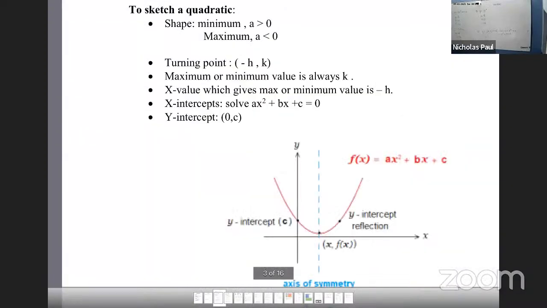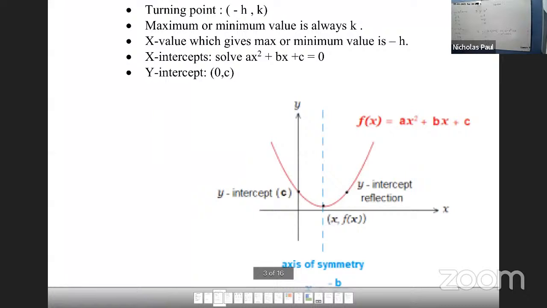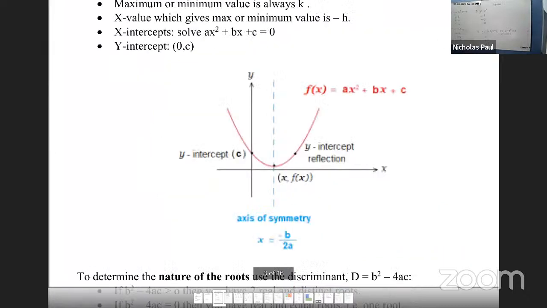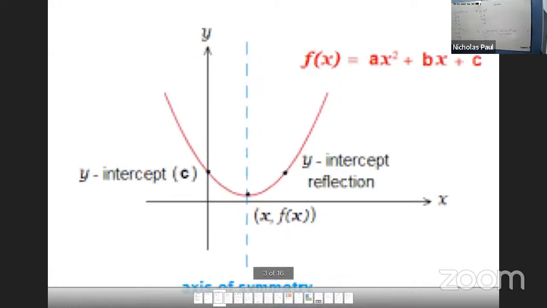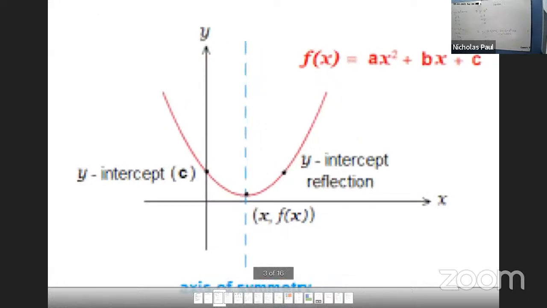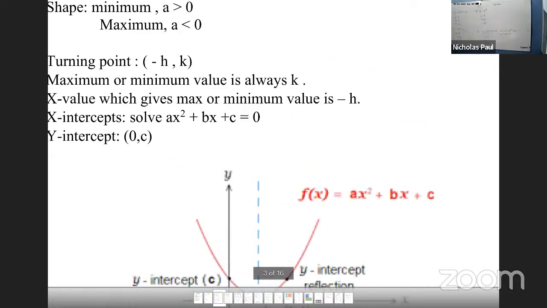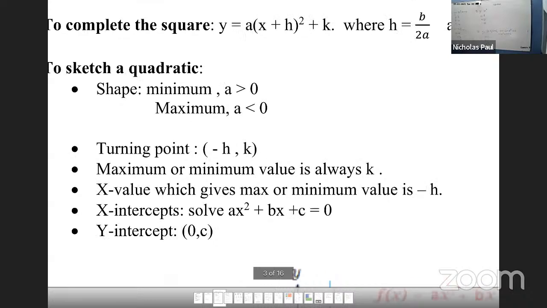All right, next. So we need to know a few things about the quadratic. Number one, the quadratic is shaped like a little pole, right? It has a pole shape and an upside down pole shape. So it has two main shapes, right? It has a minimum shape.